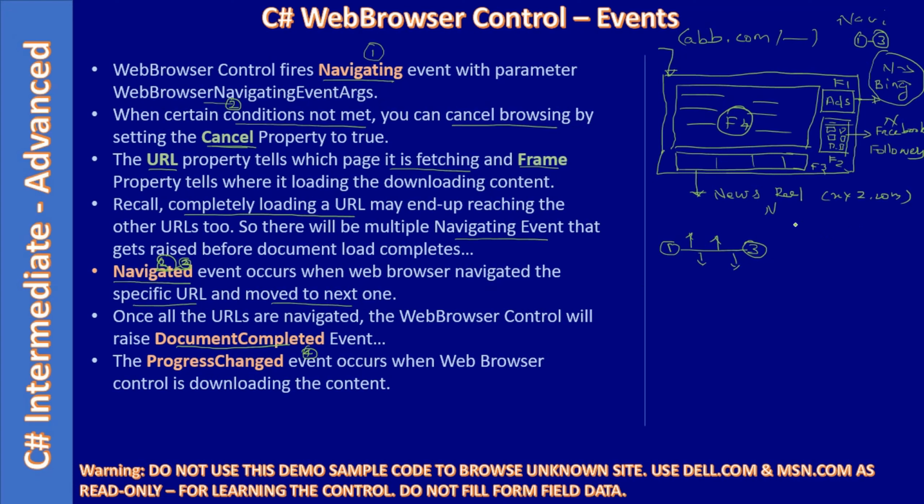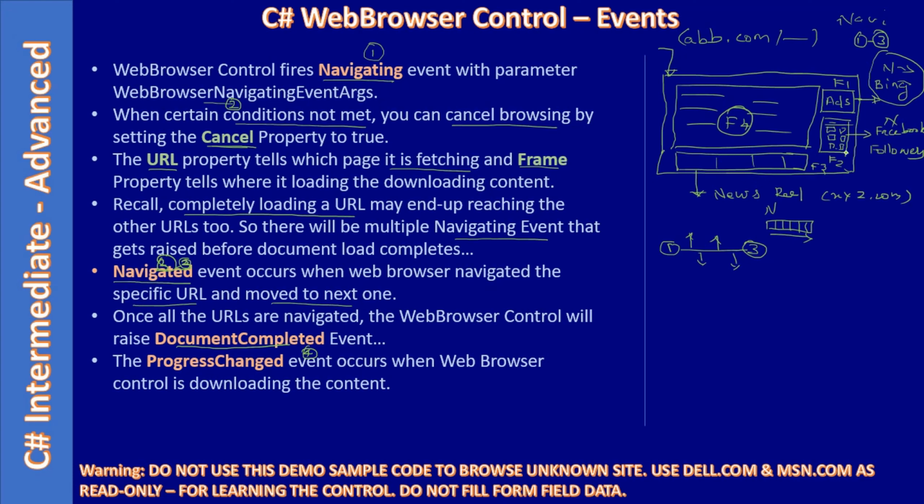That means it reads the content in terms of bytes, streaming data from the Facebook server and loading that in this frame. So using ProgressChanged, you can track how many bytes get transferred from the server to your web browser control, which is displaying the HTML document.